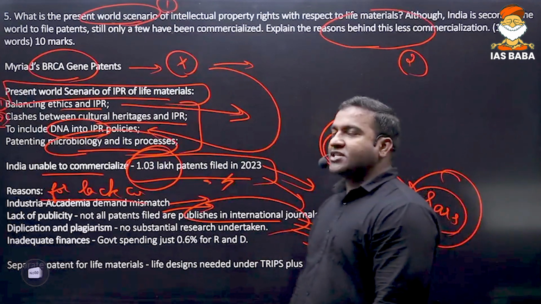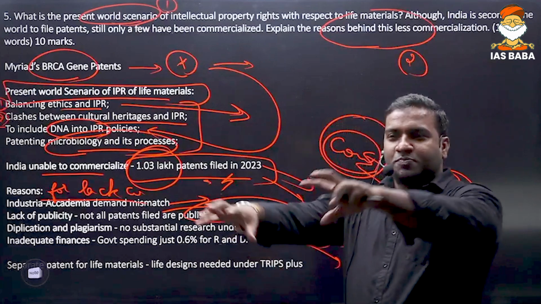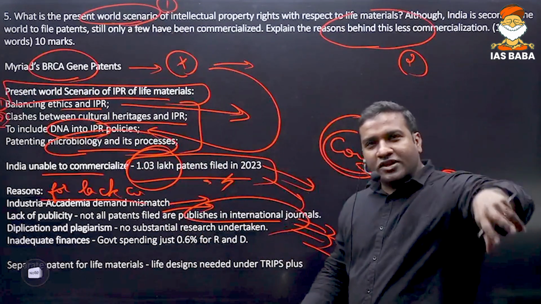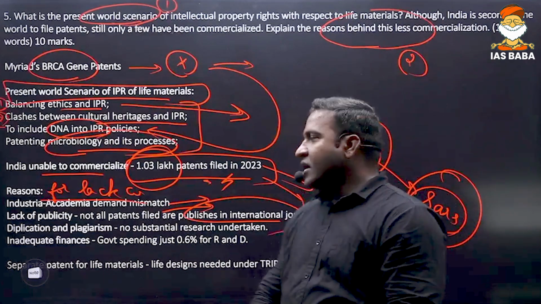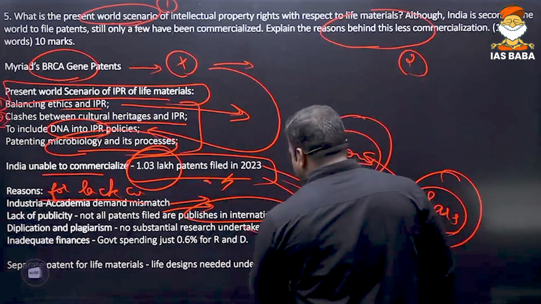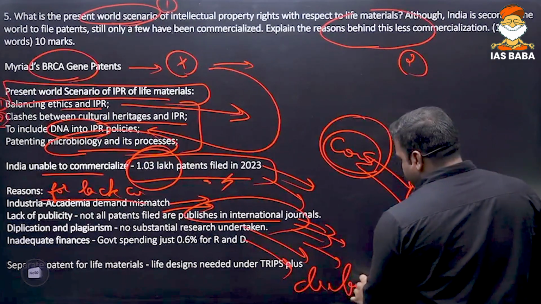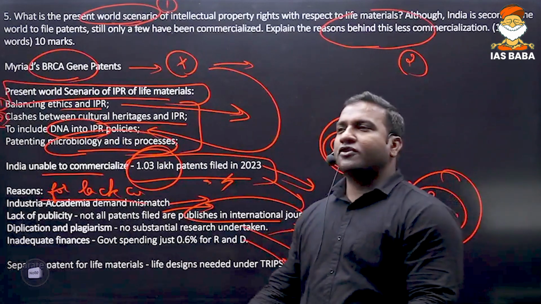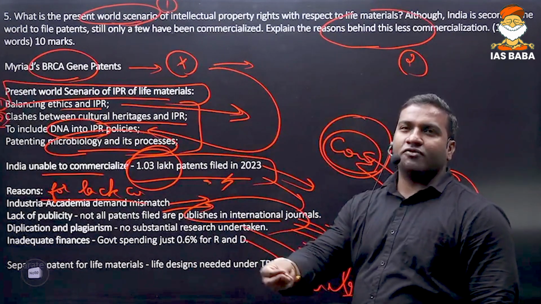Then duplication and plagiarism. Now you have to do a PhD, so you take 10 PhD patents and, in that, create your own one by copy-pasting all of them. That gives rise to dubious or devious patents, wherein your patents are not so much needed for the world as such, but you will get a PhD or you will get a patent for namesake.